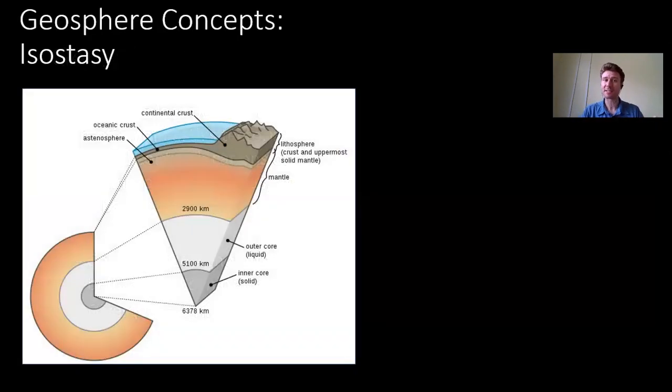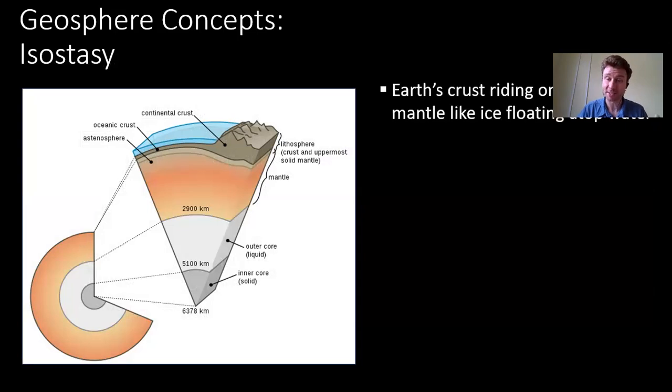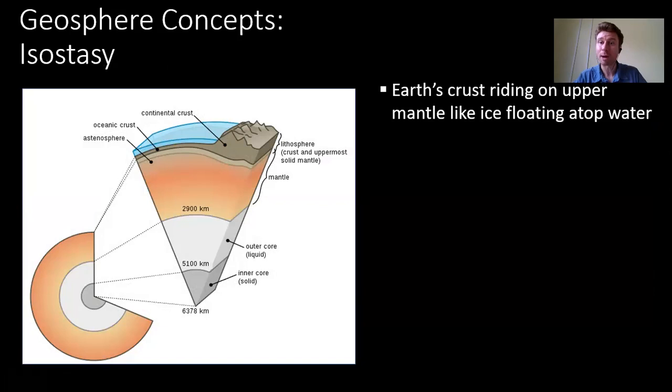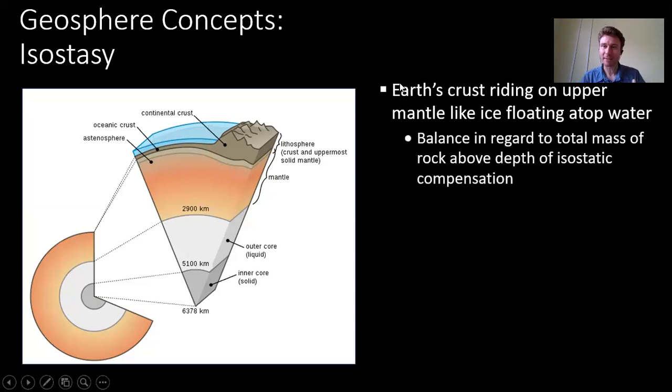A key concept for the geosphere is the idea of isostasy, that Earth's crust is riding on the upper mantle, like ice floating atop water. You can imagine that we have a balance in regard to the total mass of rock above the depth of isostatic compensation.